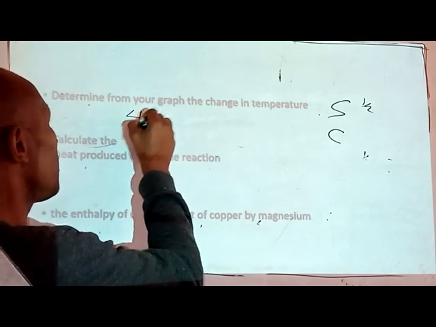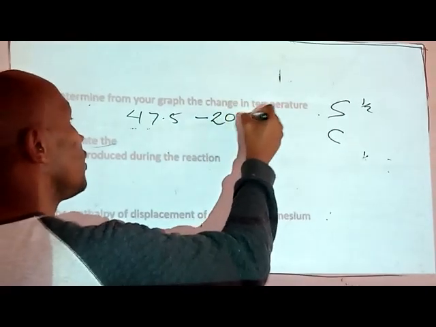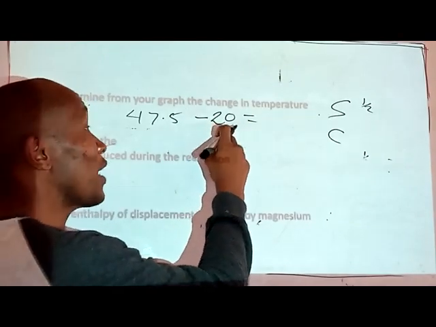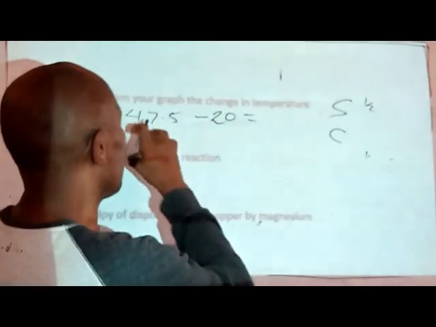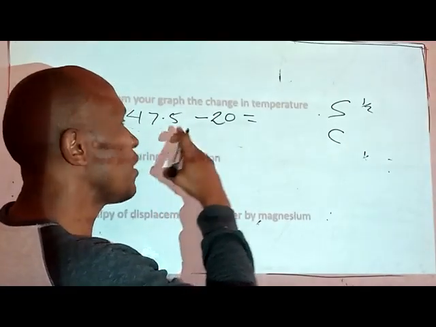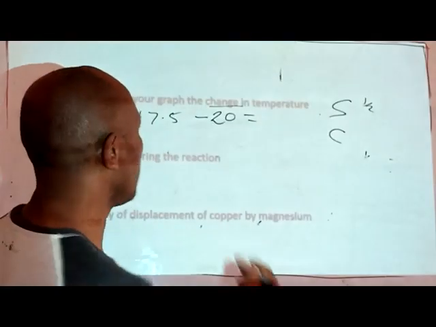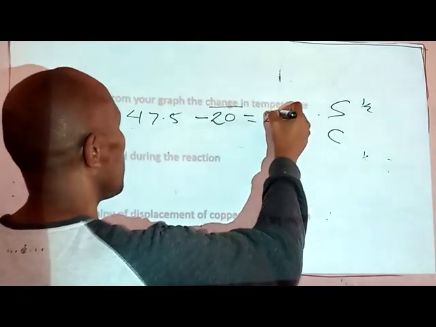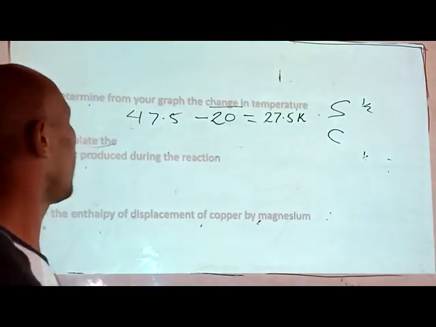So that is 47.5 minus 20. There are people who forget to subtract the initial. You just read from the graph and that is all. So you get a value like 47.5, but you have been told to get the change in temperature. So you should have that in mind. And that gives me 27.5 Kelvin or degrees Celsius, they are the same thing.